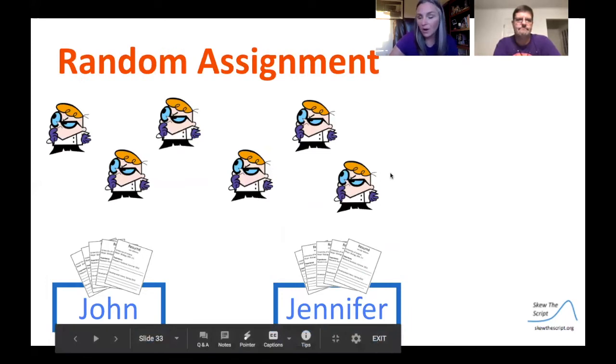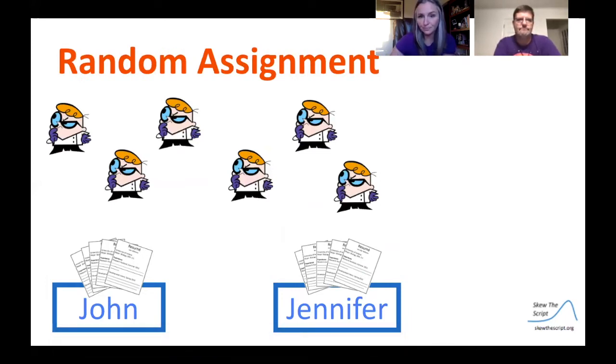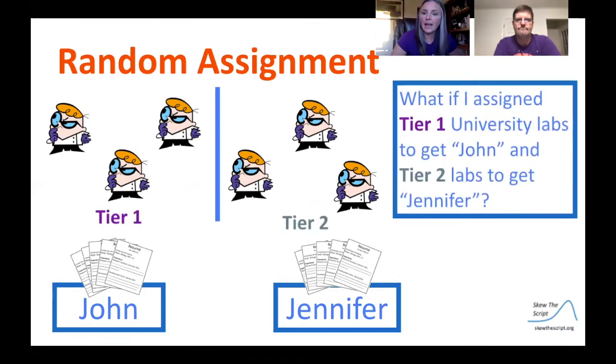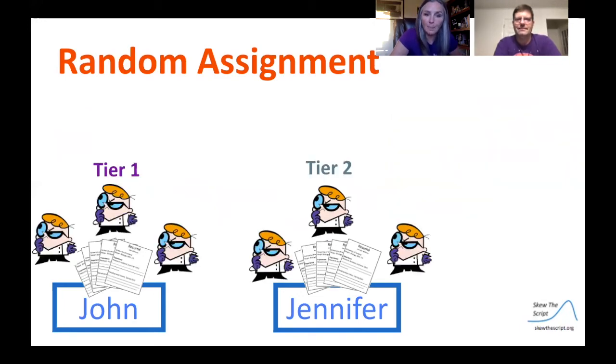Okay, next part of an experiment is your random assignment. If I take my people and just split them in the middle, what if I assigned tier 1 university labs to get John and tier 2 labs to get Jennifer? Well, what might happen?